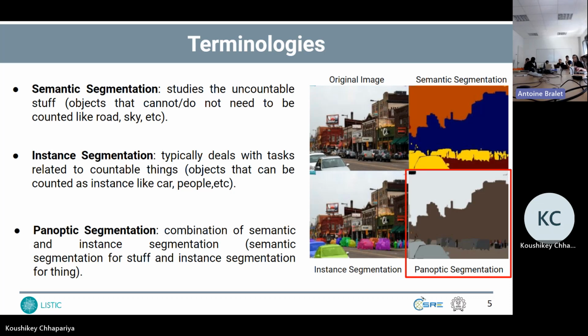But people we can count, so it can tell how many people or how many chairs are there. And when we use panoptic, it's a combination of semantic and instance, so it can tell you both things at the same time. Yes, exactly.